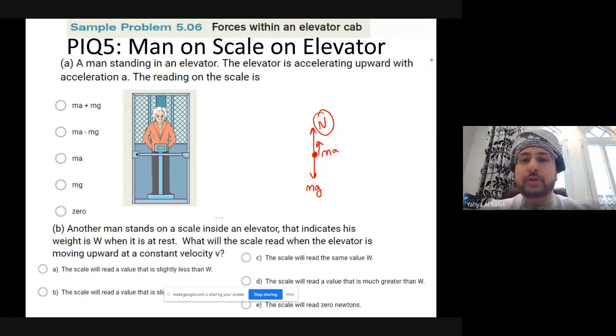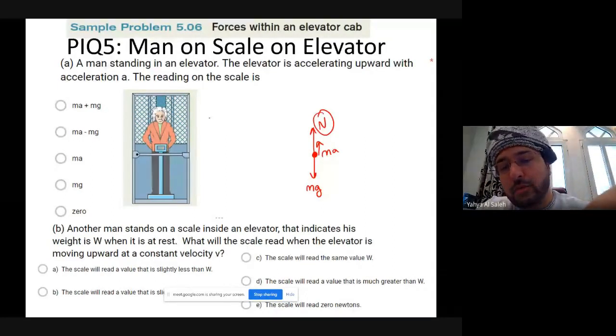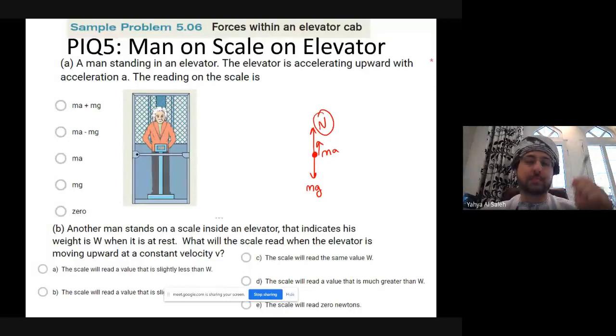The person is not floating. The person is not accelerating. He's still in the lift, no problem. So the sum of the forces is equal to 0. So do you want positive to be down or up? I'll choose mg down to be positive.